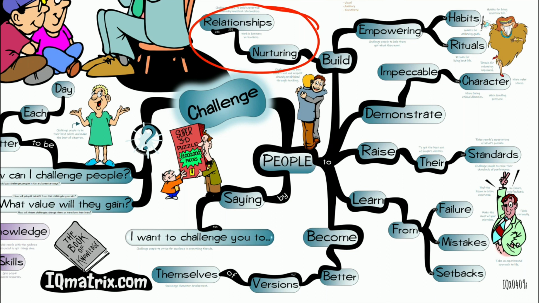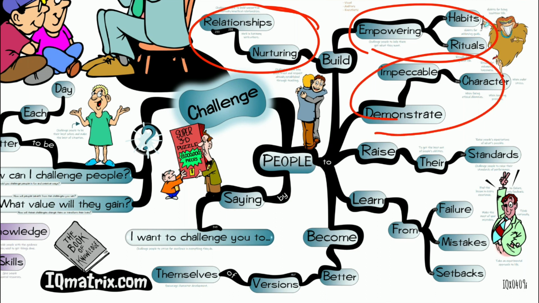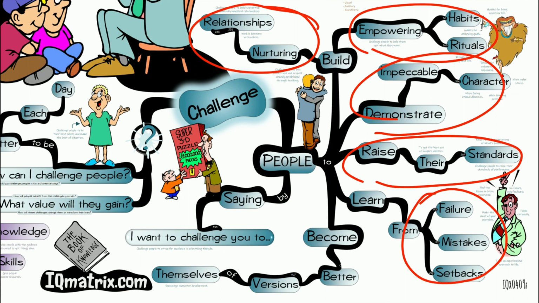If we can challenge people in a variety of different situations, whether that's at home, at school, or at work, to build nurturing relationships, empowering habits and rituals, to demonstrate impeccable character in tricky situations, to raise their standards of performance, to learn from failures, mistakes, and setbacks, and essentially to become better versions of themselves, that's when we start to gain a high degree of influence.